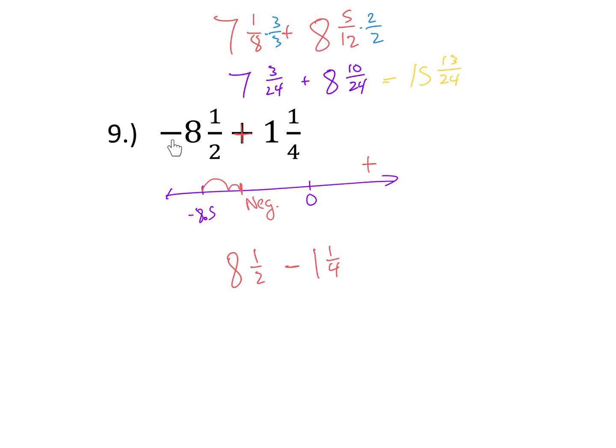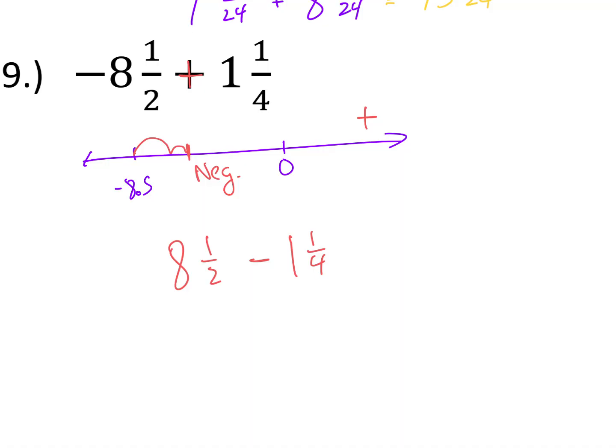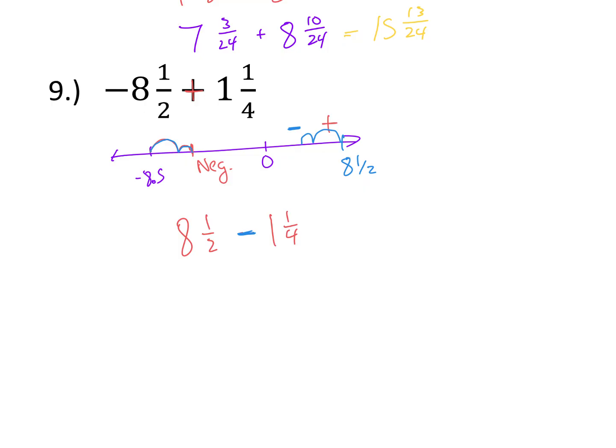If you're a little confused on why we're switching these signs, think of this number line. Think of what would happen if you had 8.5 and then you're going towards 0. Towards 0 would be a negative direction, right? There's this negative right here. I know that might be a little tricky, but this is an approach, okay?